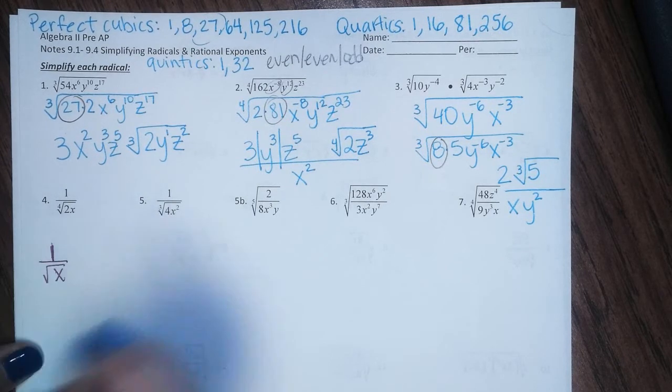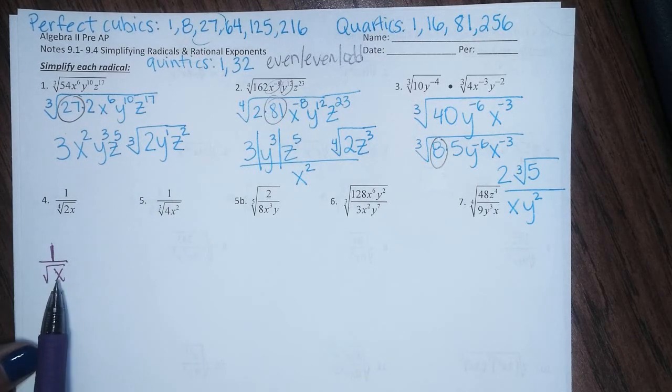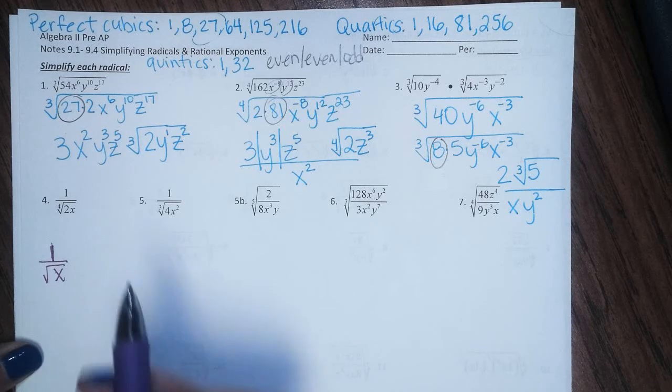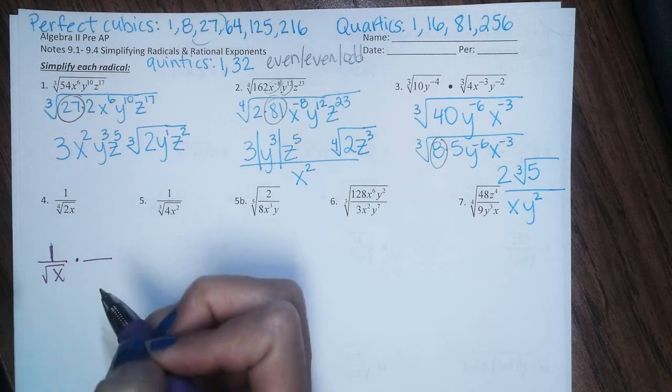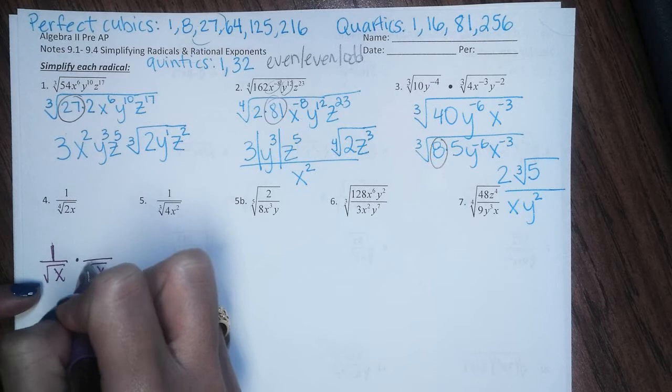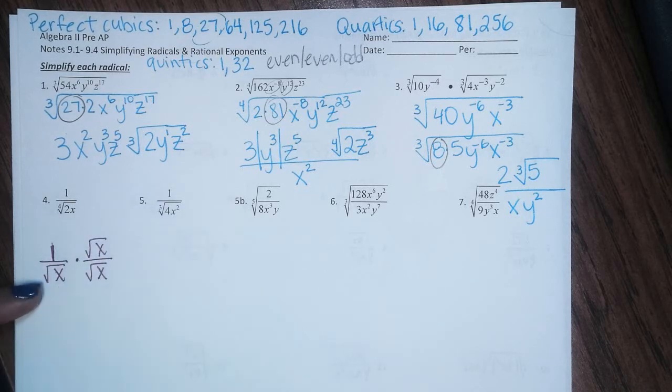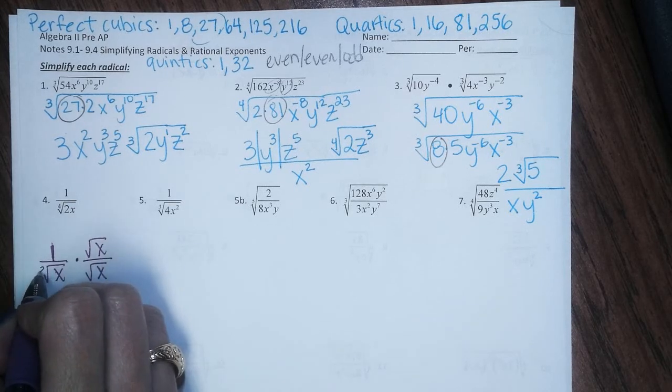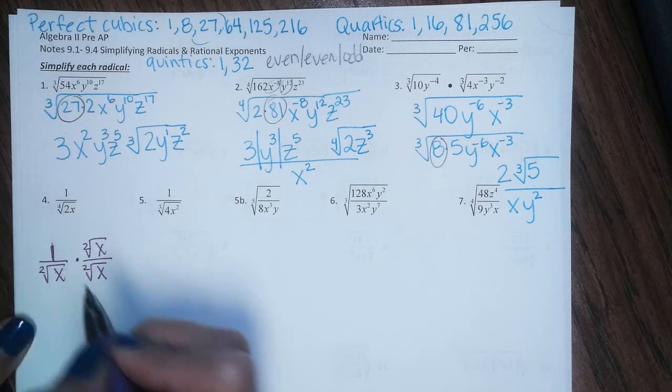Okay, so most of you guys already know how to rationalize the square root of x. And the way you would rationalize the square root of x is just by multiplying the numerator and the denominator by the square root of x. Or in other words, multiply by square root of x over the square root of x. But you need to understand why. And that's because, for starters, a square root has a little invisible 2 there.